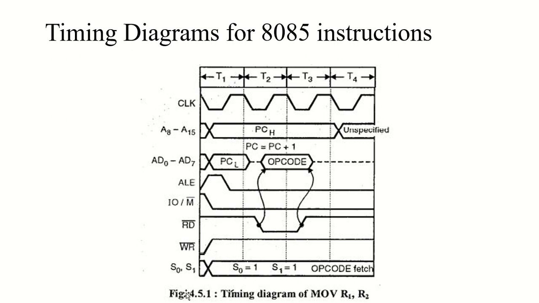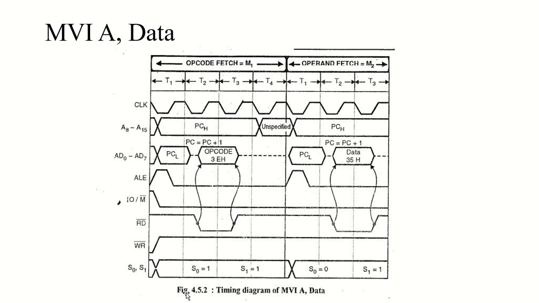But now what if I have to execute this instruction? This time I'm moving the content from data to my accumulator or register A. So in this case, how many machine cycles do we need? We will need opcode fetch for fetching the opcode, plus the operand fetch.